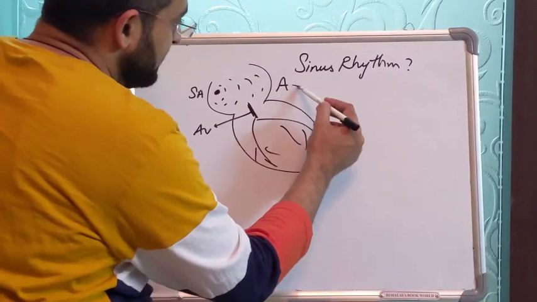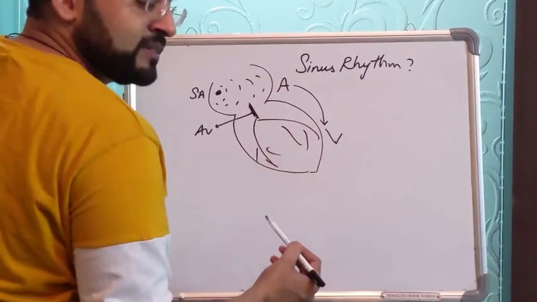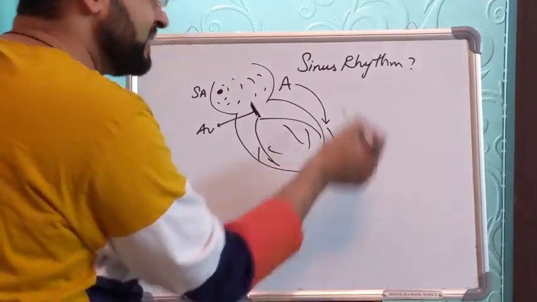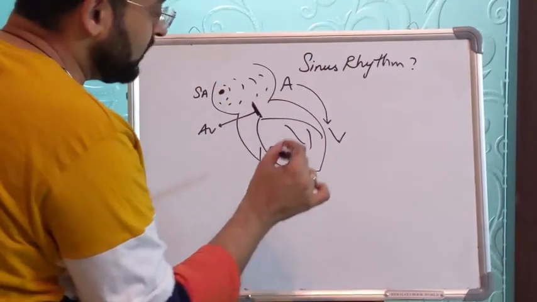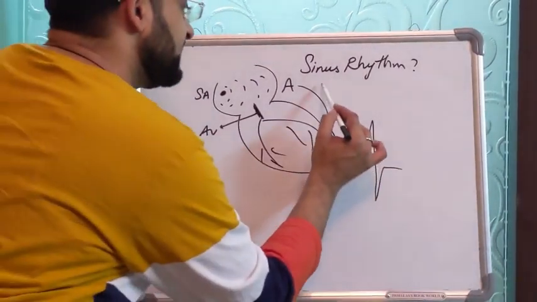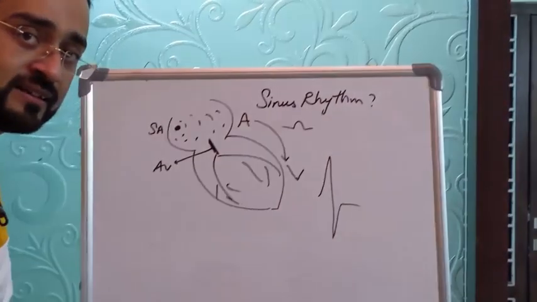So this atrial contraction is followed by this ventricular contraction, or you can say this ventricular contraction is preceded by this atrial contraction, or this QRS which indicates ventricular contraction is preceded by a P wave which indicates atrial contraction.